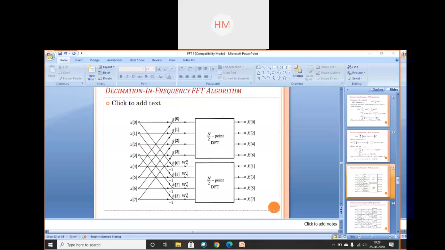See, generally students get confused in DIF and DIT.